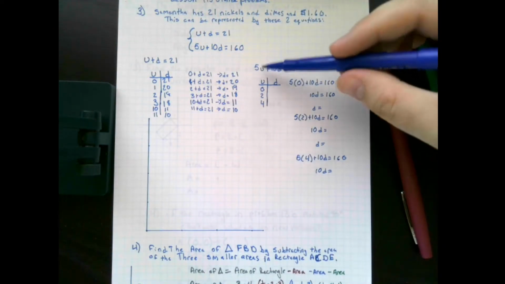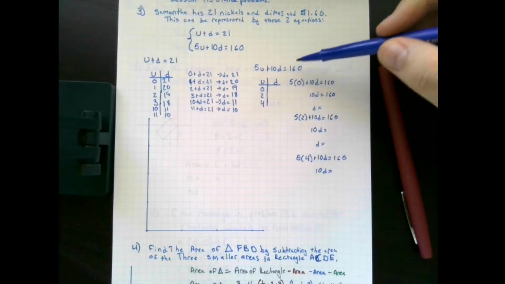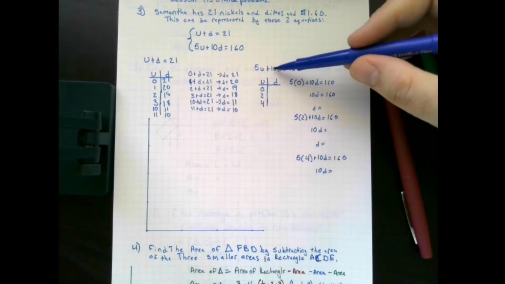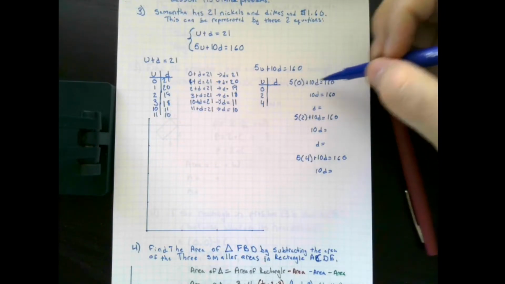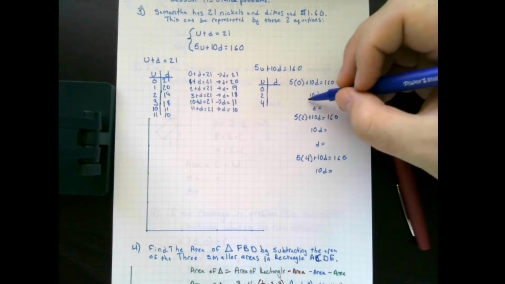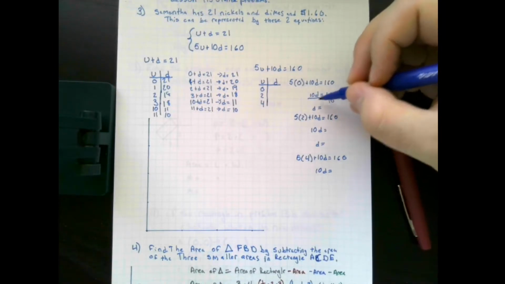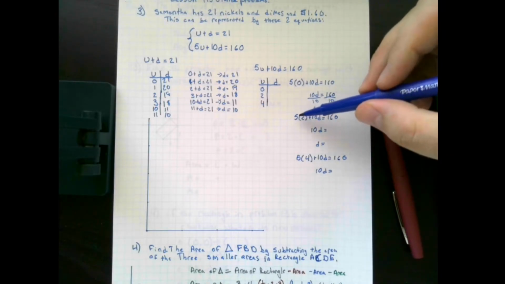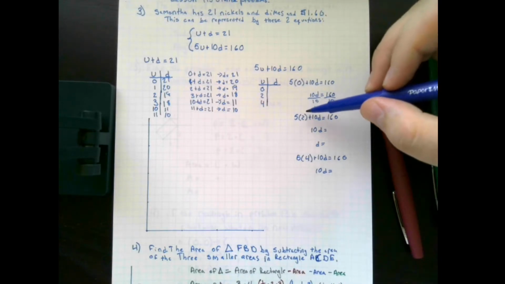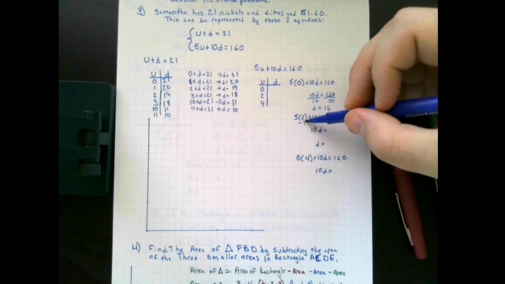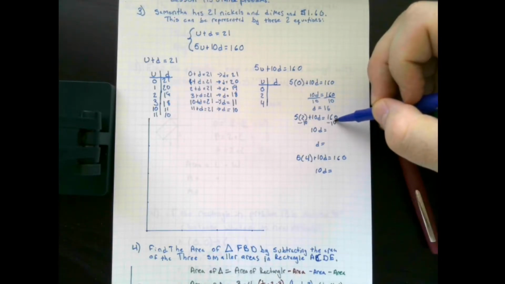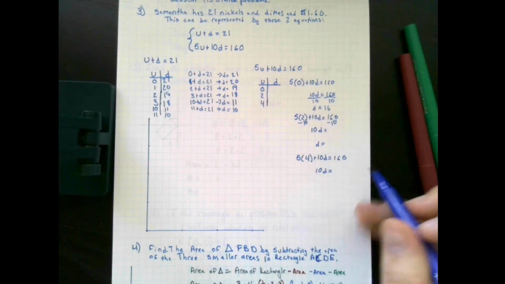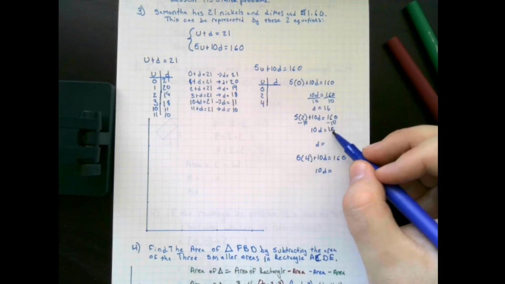On this side, 5U plus 10D equals 160. If we plug in 0 for U, we'll get 10D equals 160. 160 divided by 10 is 16. If we plug in 2 for U, 5 times 2 is 10, so we're going to have to subtract 10 from both sides, which will give us 10D equals 150.